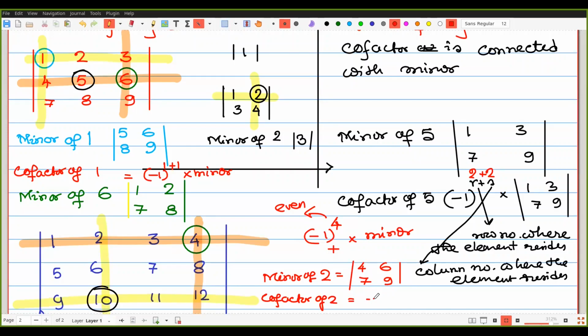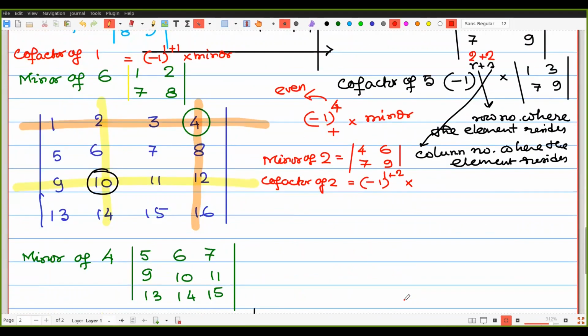That one is -1 whole to the power its row position, that is the first row, plus its column position, it is 2, the second column. In the first row the element 2 is residing. So minus 1 whole to the power 1 plus 2 into its minor. Its minor is 4, 6, 7, 9.